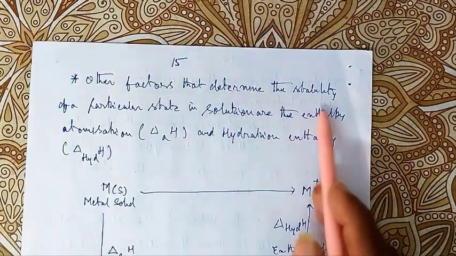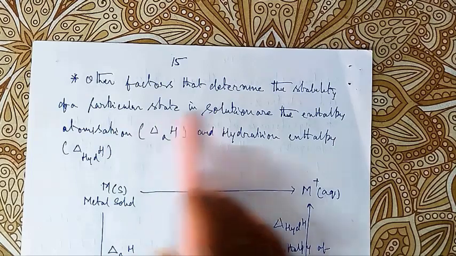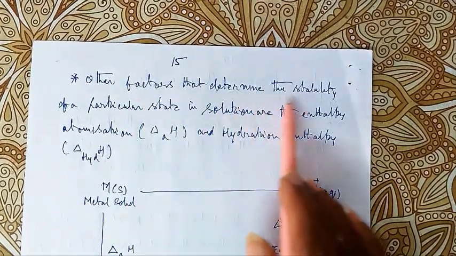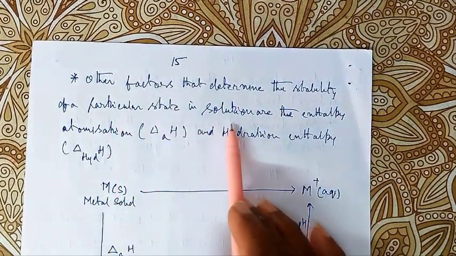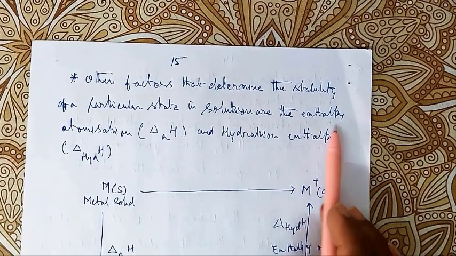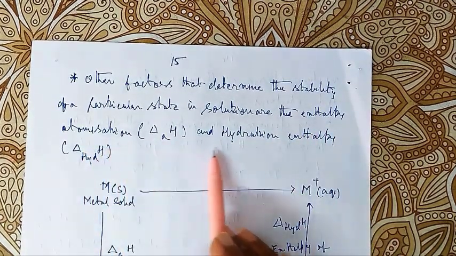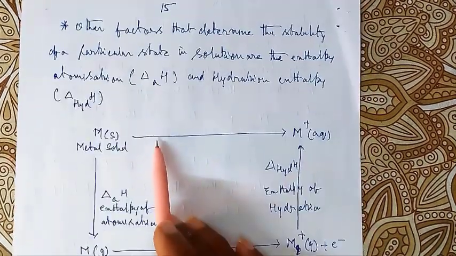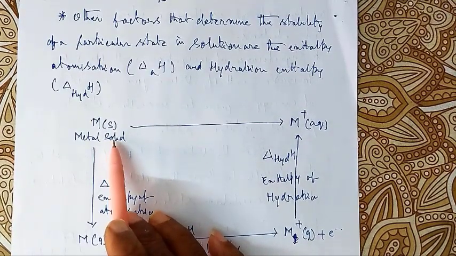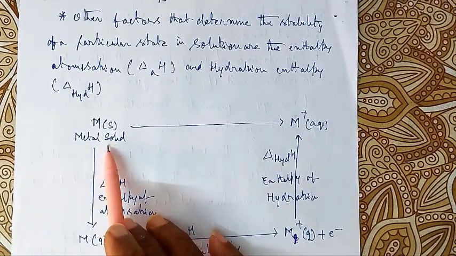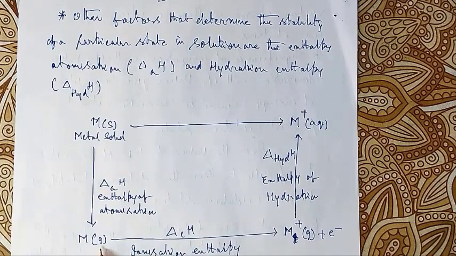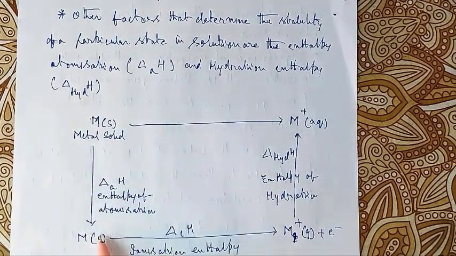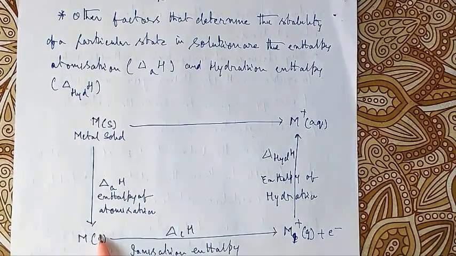Other factors that determine the stability of a particular oxidation state in solution are the enthalpy of atomization and hydration enthalpy. So here in this schematic diagram, the metal is solid, whereas here it is metal gas; from here to here atomization takes place.